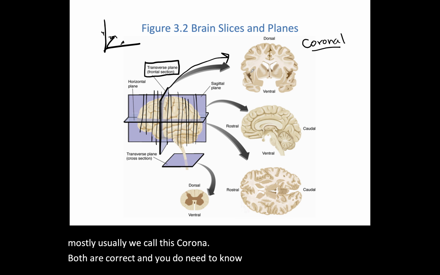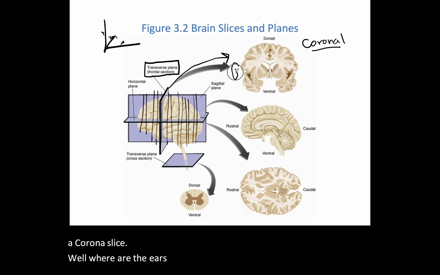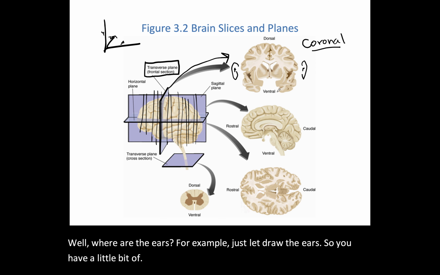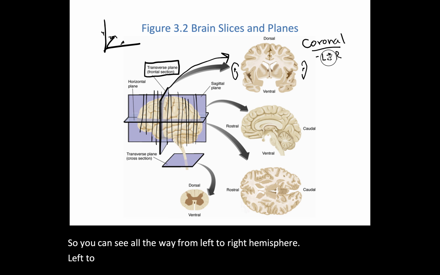Now, what can you see in a coronal slice? Well, where are the ears, for example? Let's draw the ears so you have a little bit of perspective. So you can see all the way from left to right hemisphere. Left to right, right to left. Check.